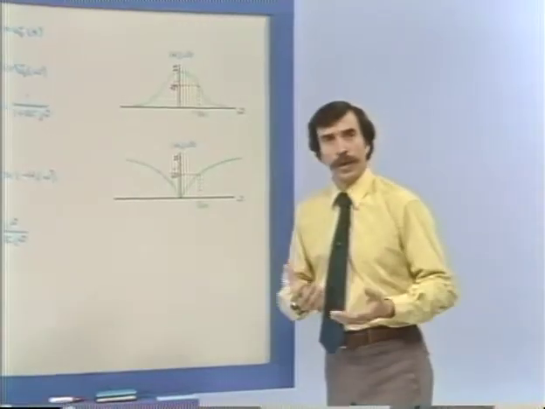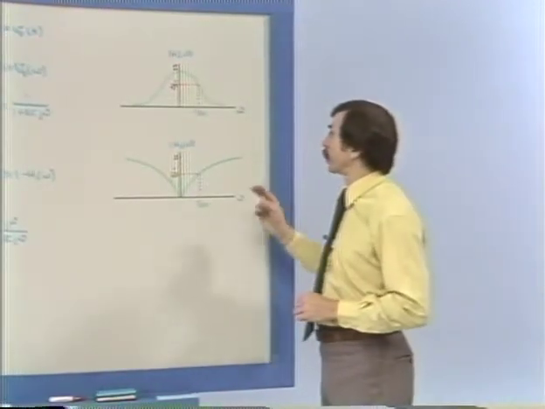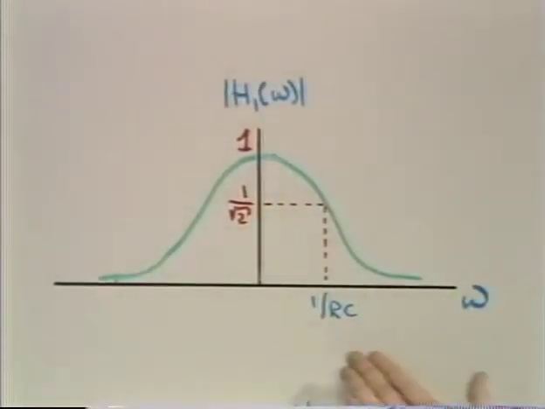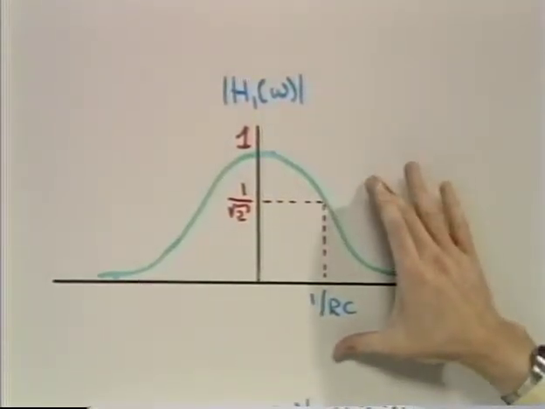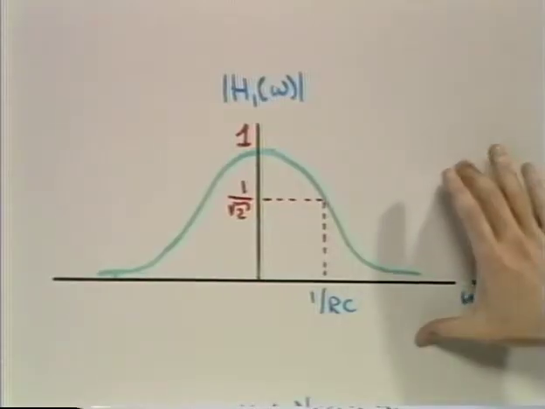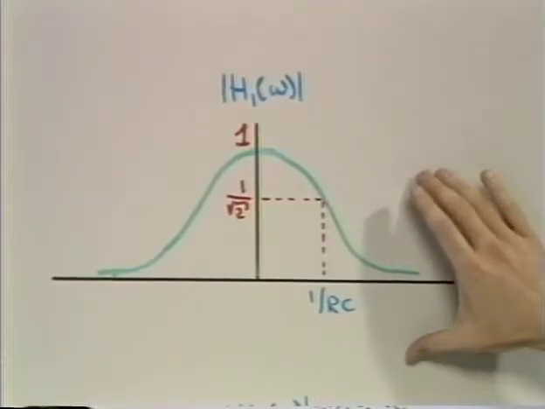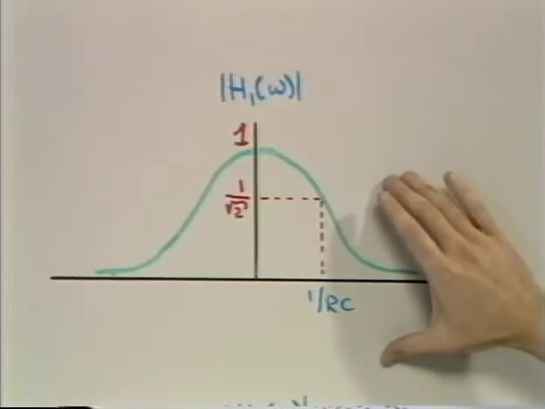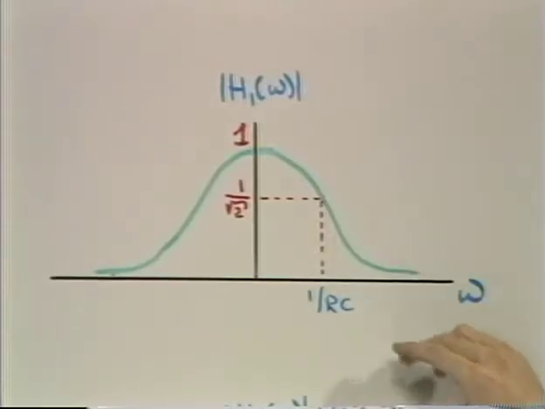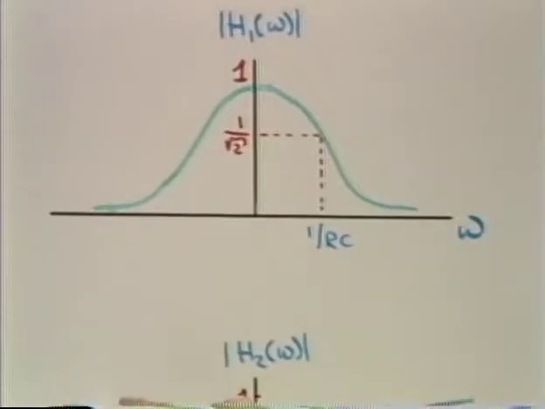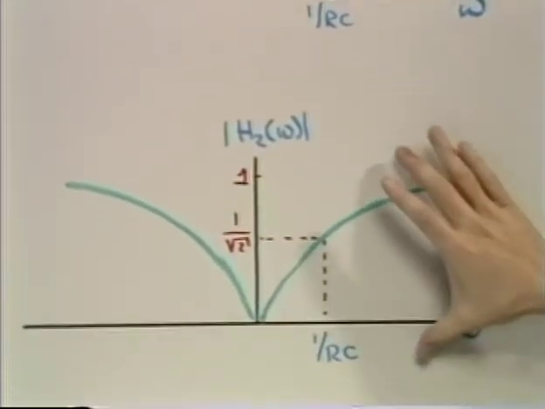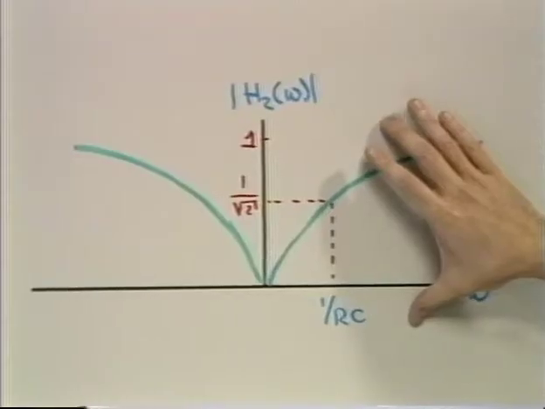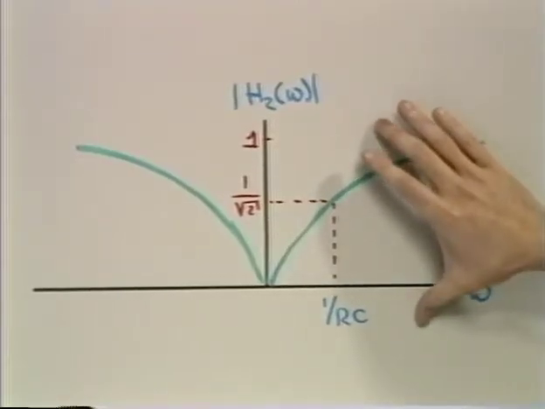If we plot the first on a linear amplitude scale, it looks like this, and as you can see, and as we saw last time, it is an approximation to a low-pass filter. It is, in fact, a non-ideal low-pass filter, whereas the resistor output is an approximation to a high-pass filter, or, in effect, a non-ideal high-pass filter.